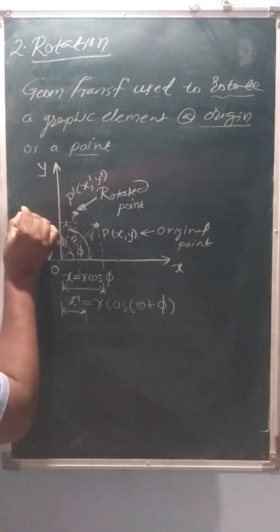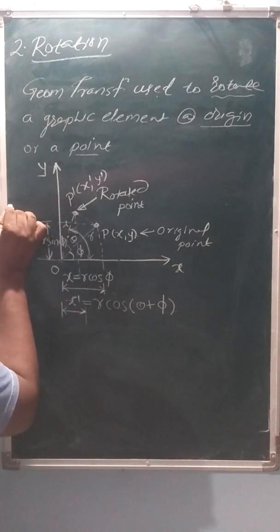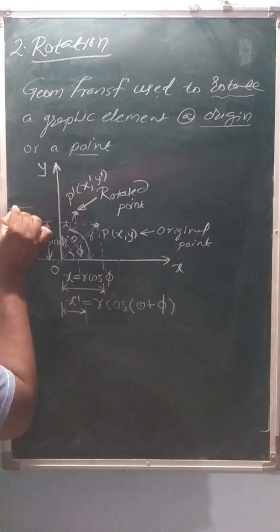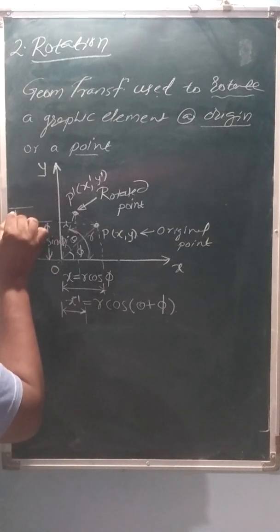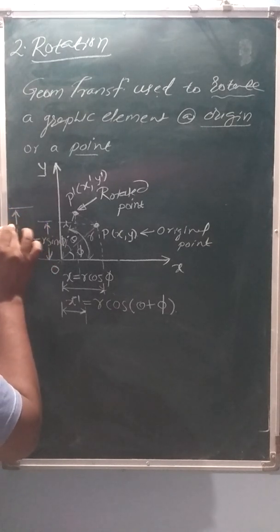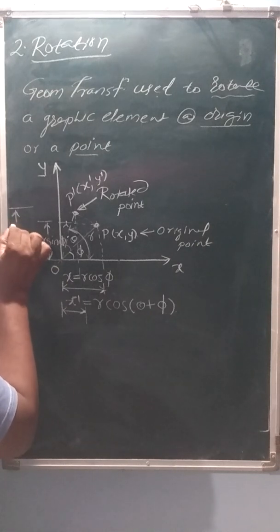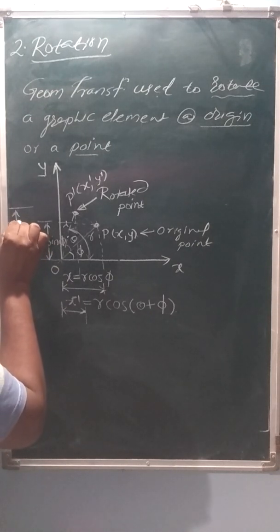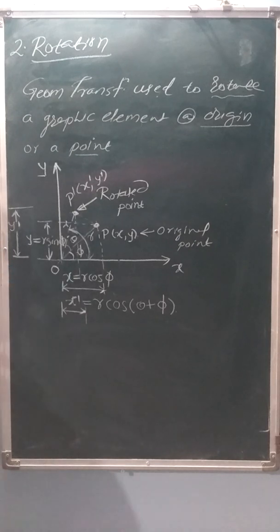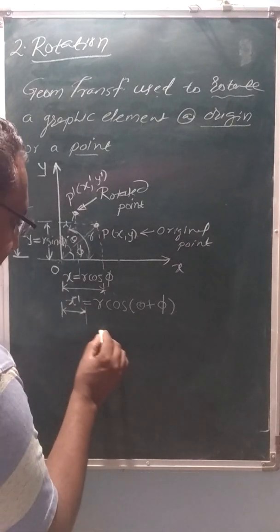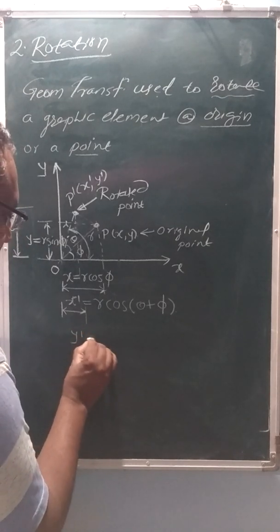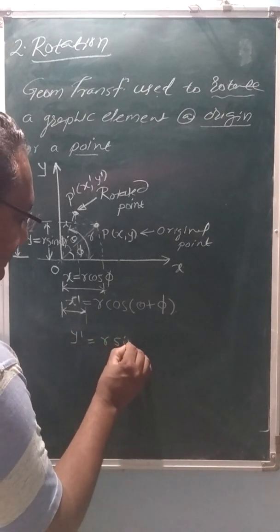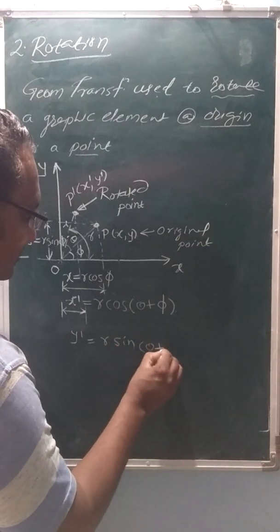Similarly, this particular distance is y dash. Can anybody tell this distance, or projection of P dash along the y-axis, is y dash? So we can write y dash equals r sine of theta plus phi.